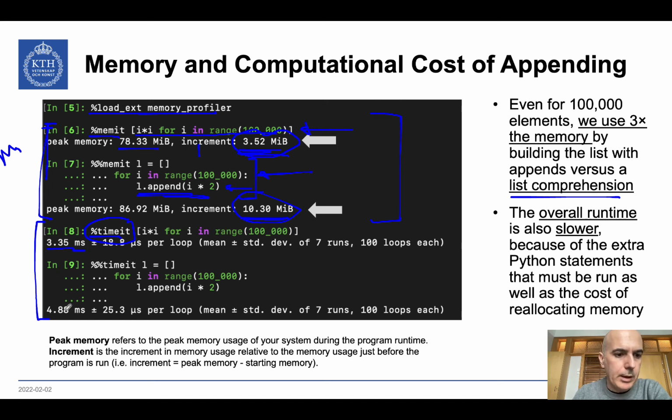It's quite big, but if we create the list by appending values, it is even larger: 4.88 milliseconds. So why is that? Well, we know that when we do this appending, we have extra allocation, right? So we keep increasing the list, over allocating, and also we have this copy operation.